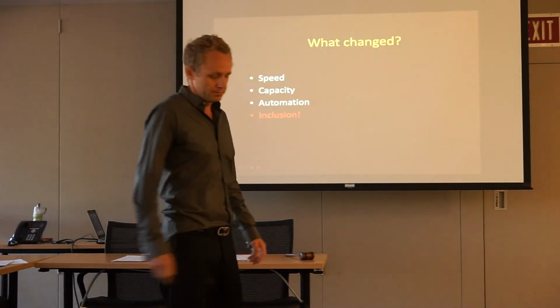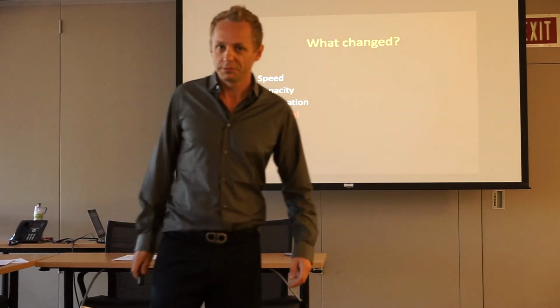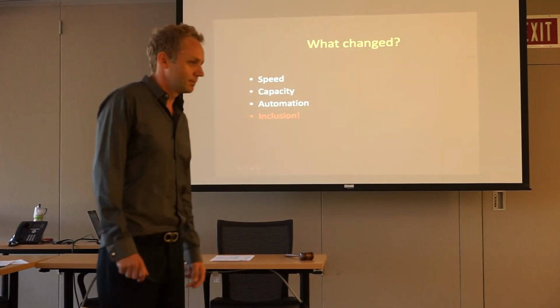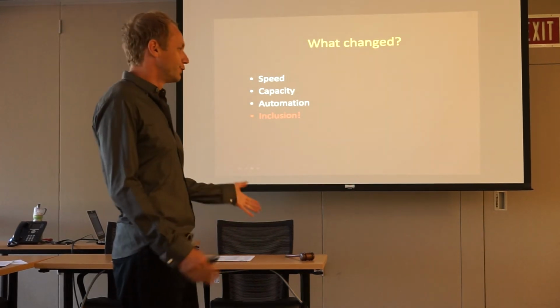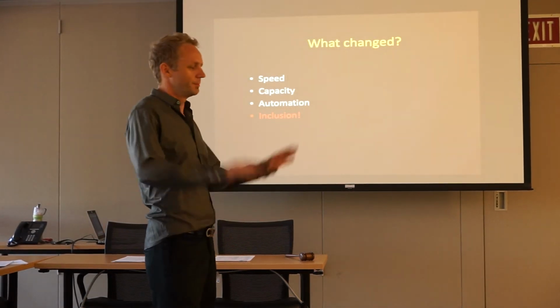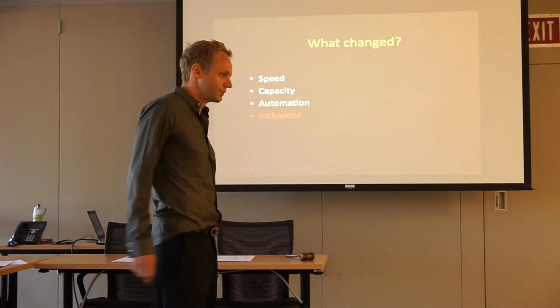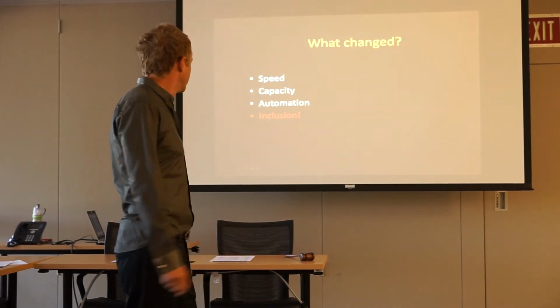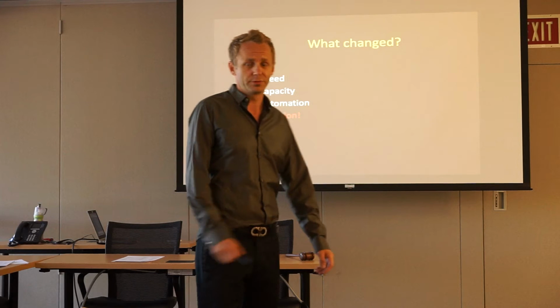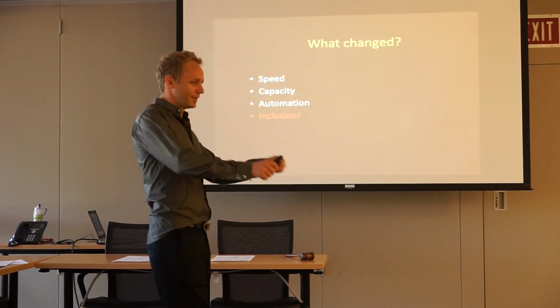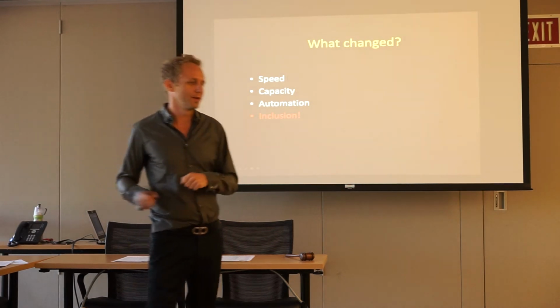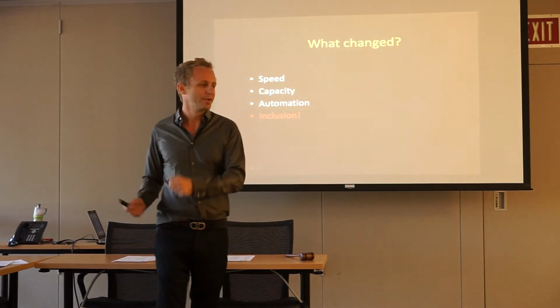So what changed? Computer speed has changed. Capacity. You have more data. Your phone can hold more data than one of the biggest computers of 30 years ago. Automation. Automation is really what changed everything. Removing the hands from the process and putting in machines or code.